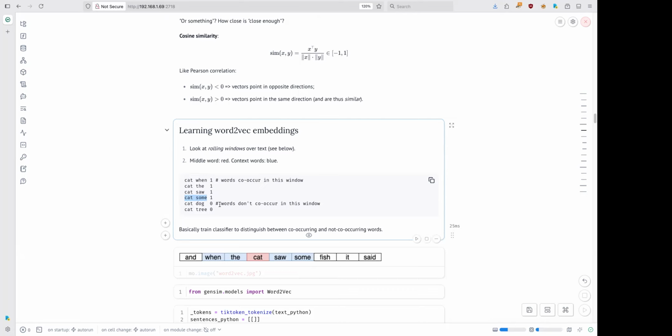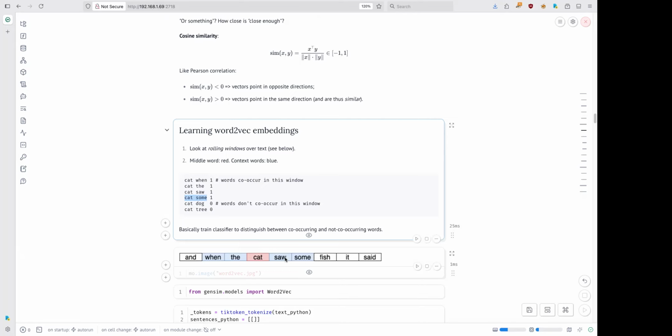We will have to classify this pair: do these two tokens occur in the same window or not?